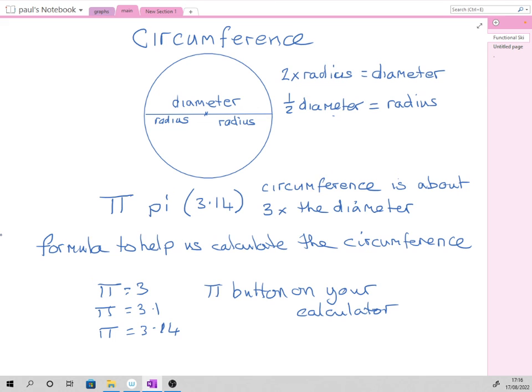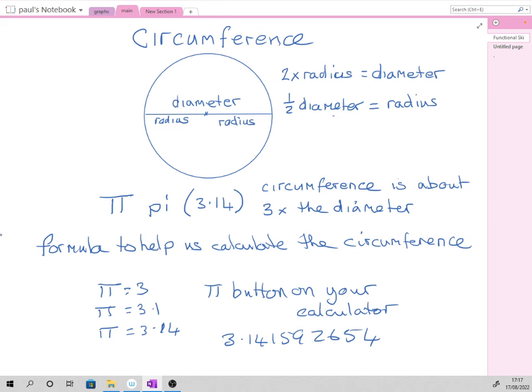If I press shift pi equals, it actually comes out as 3.141592654.